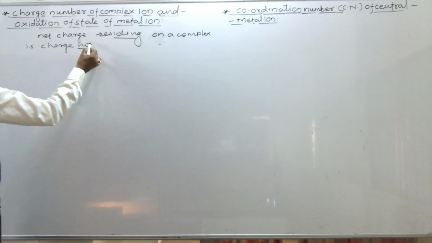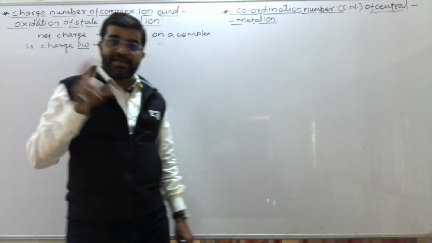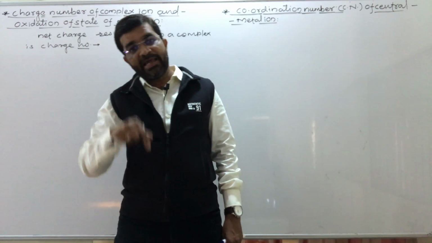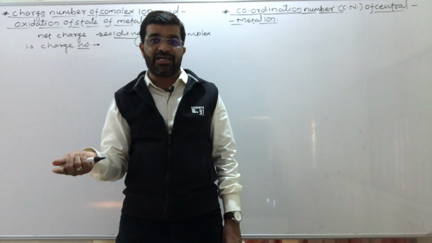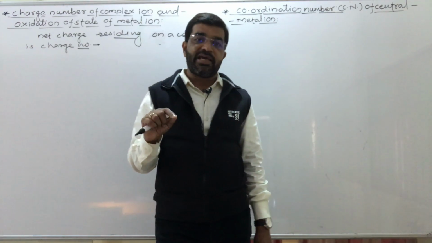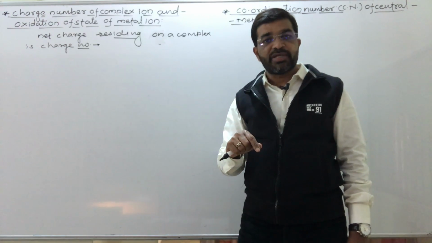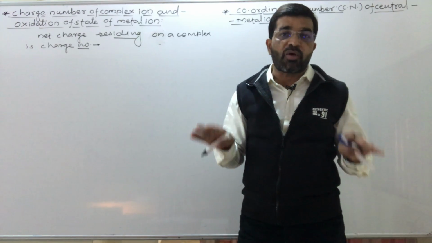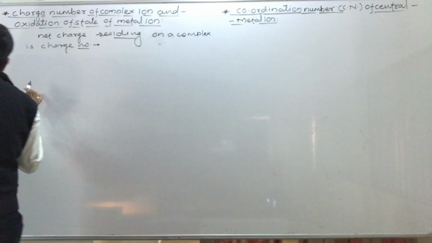On the basis of this charge number, there may be a cation, an anion, or sometimes no charge present on that complex. So on that basis there are cationic complexes, anionic complexes, and if there is no charge on the complex, it is a neutral complex.